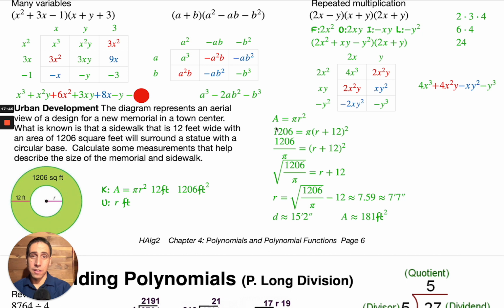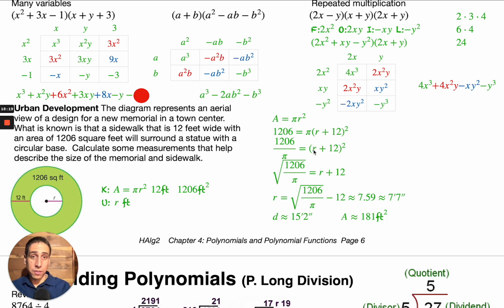A is 1,206, and that's going to be pi times (r plus 12) squared. R plus 12 is going to be the overall radius from the center all the way to the outside. And when I said 1,206 square feet, that's going to represent the entire thing, not the donut, but the overall large circle as the area.